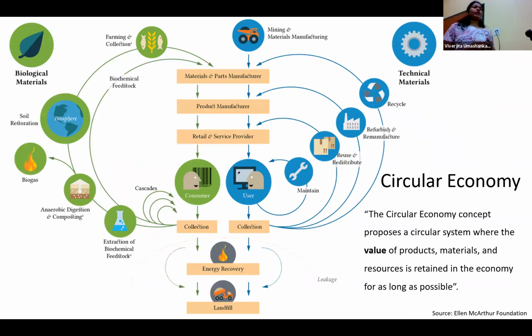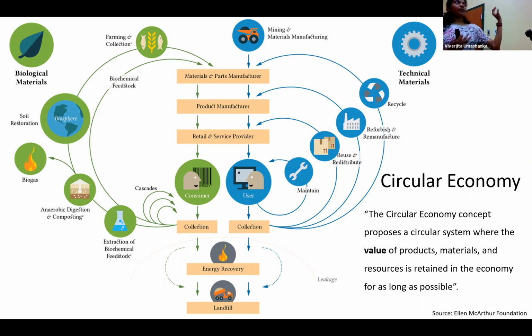And what you may have just noticed is that we have been talking all this while without even using the term circular economy. That goes to show that all these strategies and ideas are not new. They have been around, they have been implemented in some places, but they all need to come together.